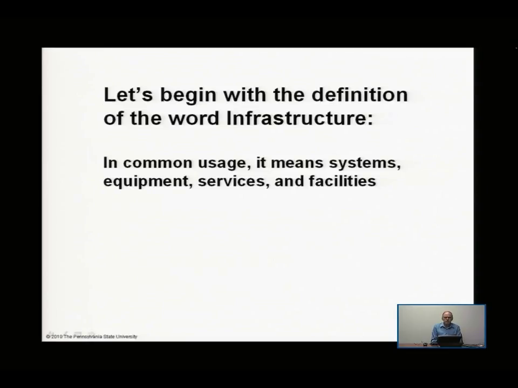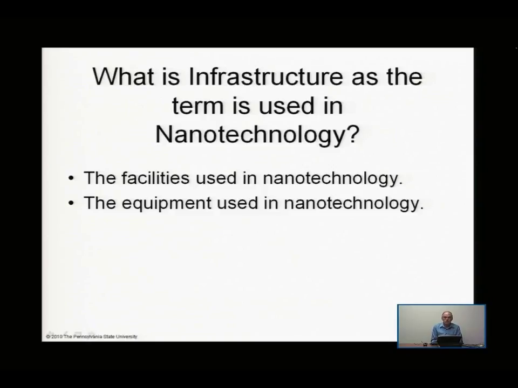And that's what it means in nanotechnology when it's used by folks working in the nano field. It means systems, equipment, services, and facilities that enable nanotechnology. So when we use infrastructure, we mean the facilities used in nanotechnology, we mean the equipment used in nanotechnology.